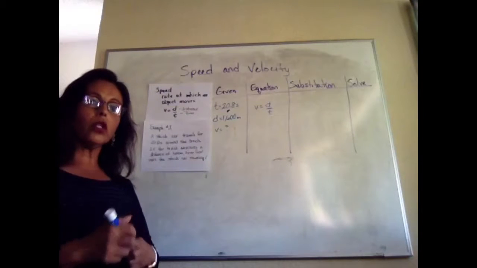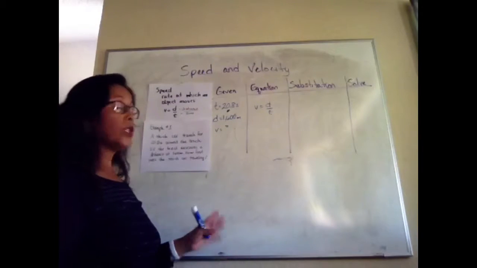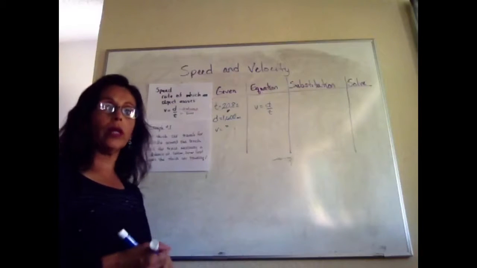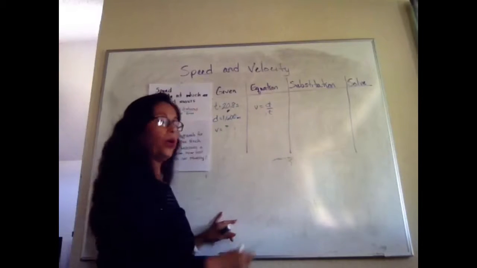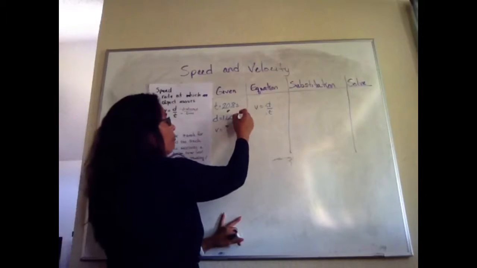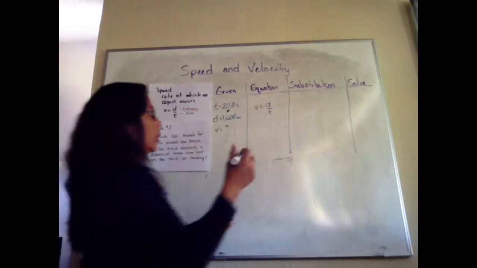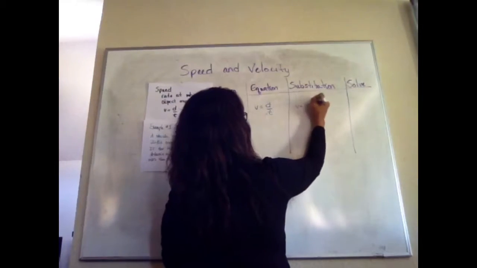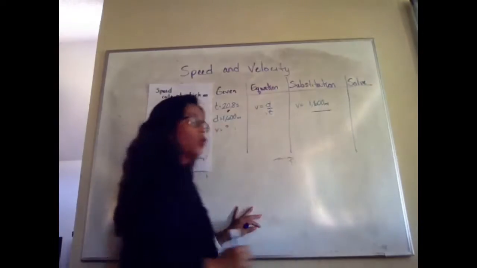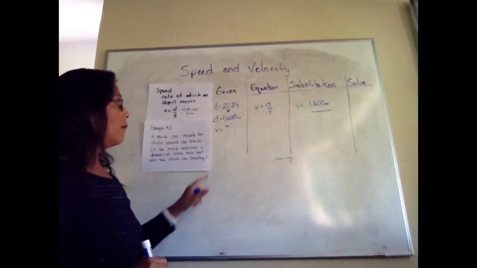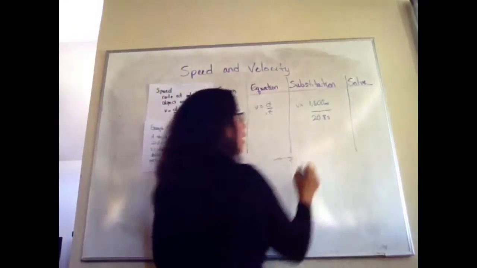So in our substitution part, we're going to literally replace numbers for letters if we have numbers for those letters. So if we have a number for t, we're going to put it there, and we have a number for d. So when I rewrite this, it's going to look like v is equal to 1,600 meters, just the way the equation had it, and it's going to be 20.8 seconds on the bottom.